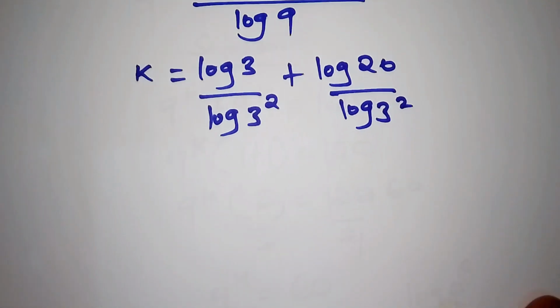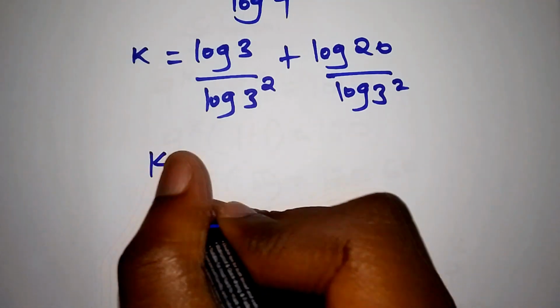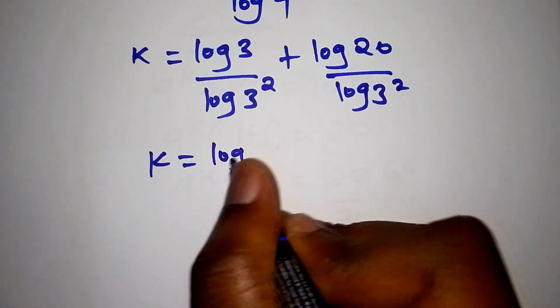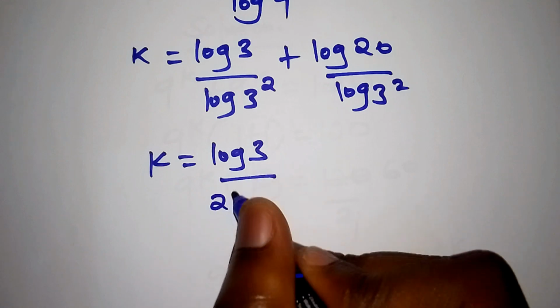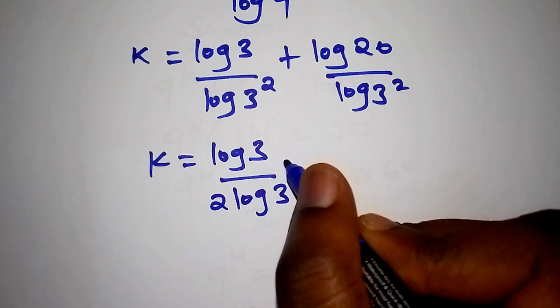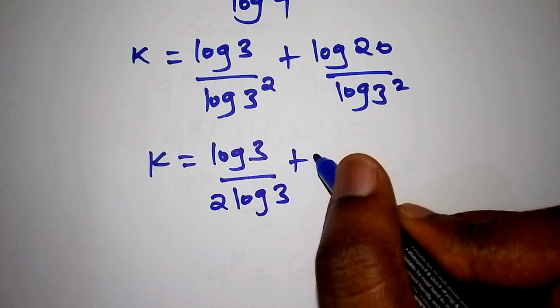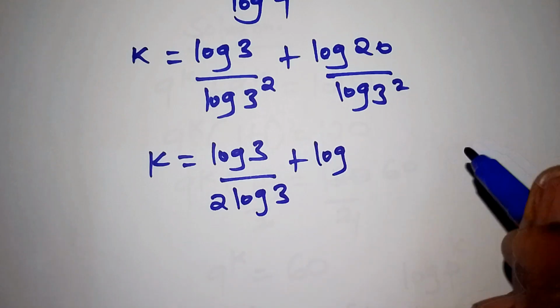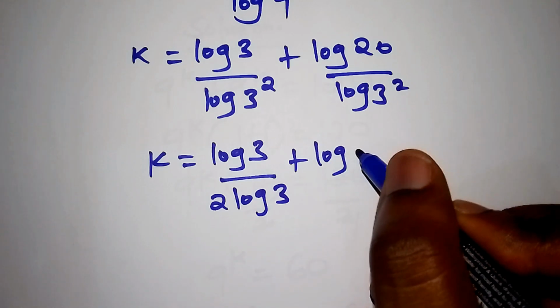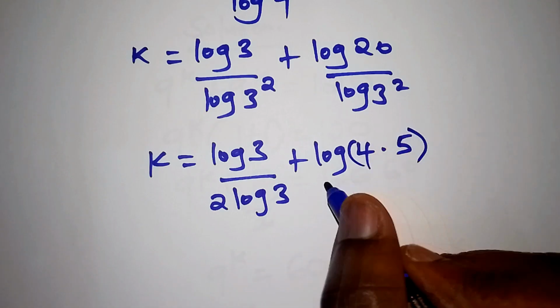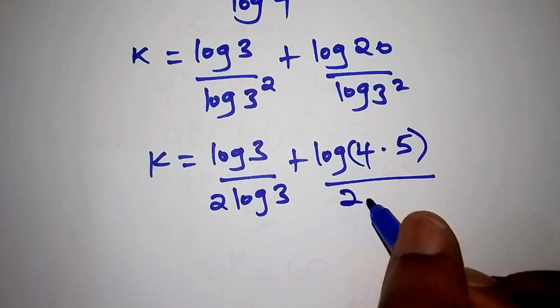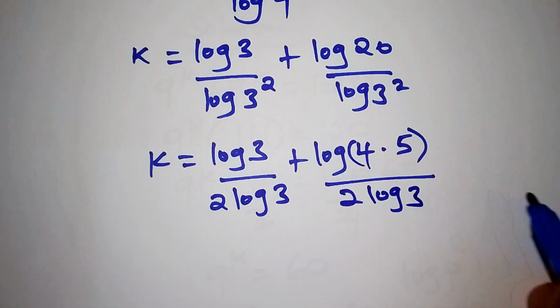So k is equal to the log of 3 all over 2 log of 3, plus the log of 20, which can also be written as the log of 4 multiplied by 5, all over 2 the log of 3.